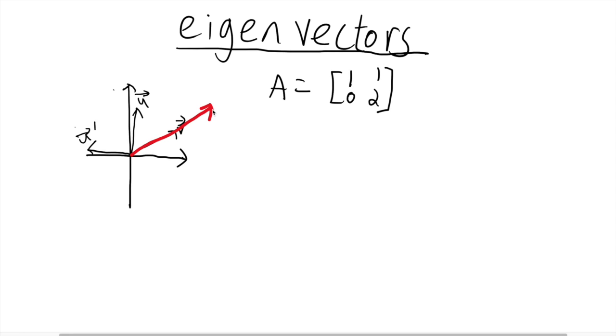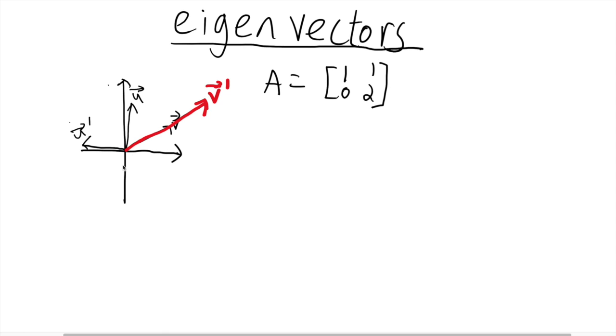So for example, it might end up here. This might be v dash. As you can see, the transformed vector v still points in the same direction as the original vector v, but it just has a different magnitude. The transformed vector can also point in the opposite direction. So for example, the transformed vector v could also be this blue vector.